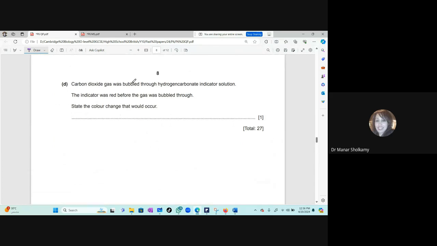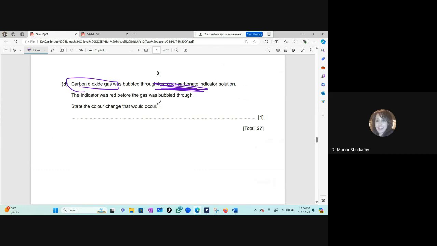Carbon dioxide gas was bubbled through hydrogen carbonate solution and the indicator was red before the gas was bubbled. State the color change that would occur. The hydrogen carbonate indicator was red before the gas was bubbled, and then the carbon dioxide gas was bubbled.